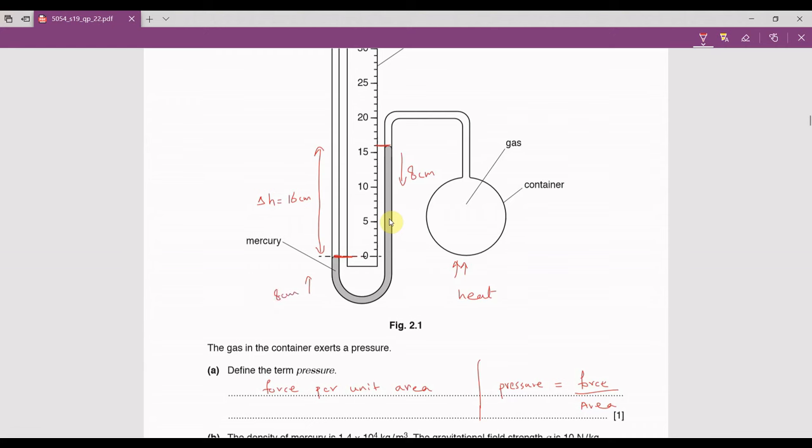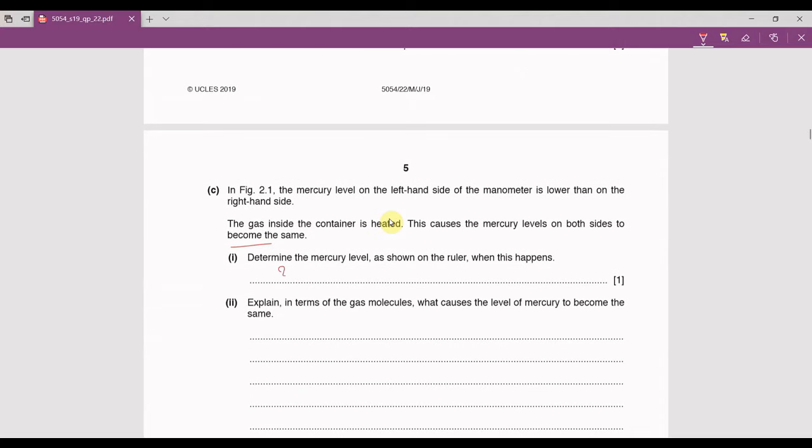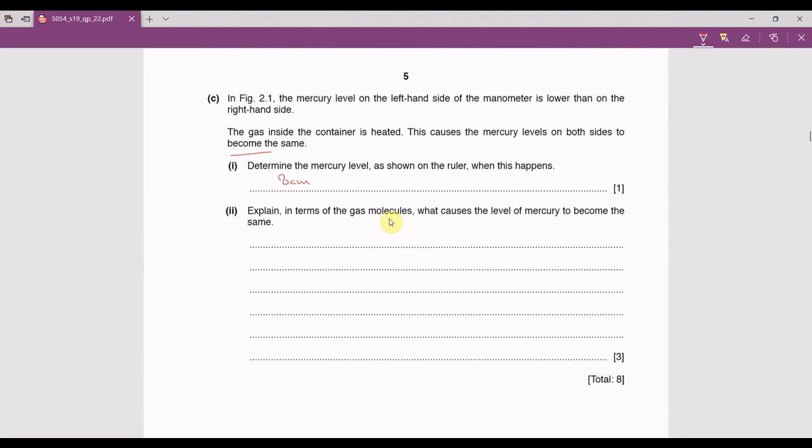So they will both end up at 8, which is right about here. So this will reach here and this will reach here, and then the levels on both sides would be the same. So that answer would be 8 centimeter. Again, do not forget to mention your units.